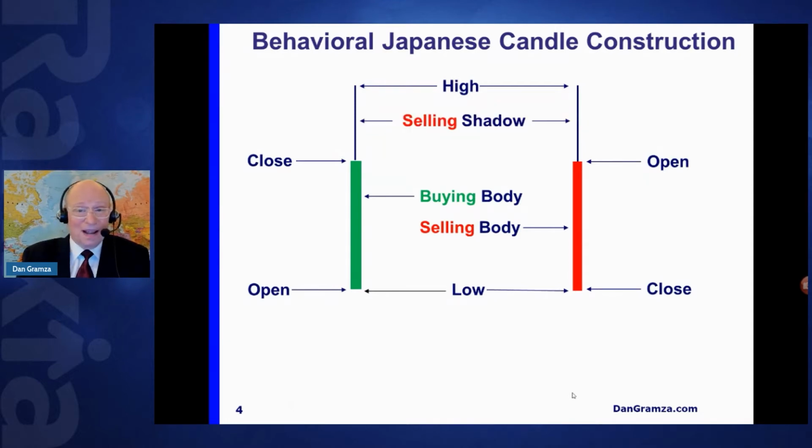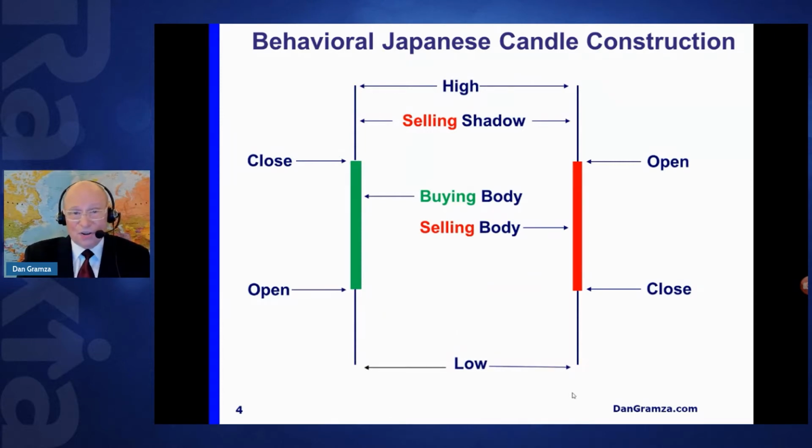For me, at higher prices, that represents selling at higher levels, so a selling shadow. When the low price doesn't match the body of the candle, that difference, also a shadow, I think represents buyers coming into the market. So this aspect of identifying buying and selling is what you and I are going to be using to identify the pattern that we want to look at today.